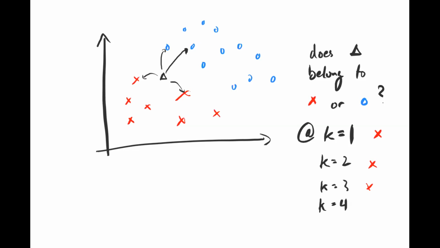And then at k equals 5, let's suppose that that's the closest one. Then now you have 3 blues compared to 2 reds, and now it's going to be a blue circle.